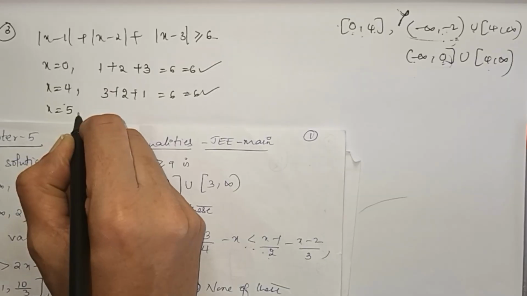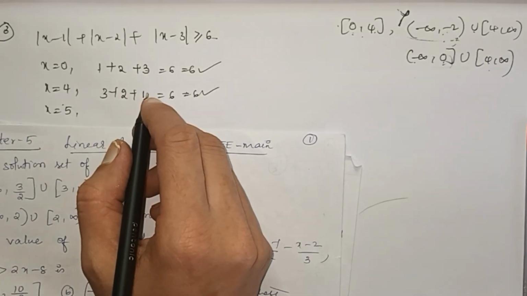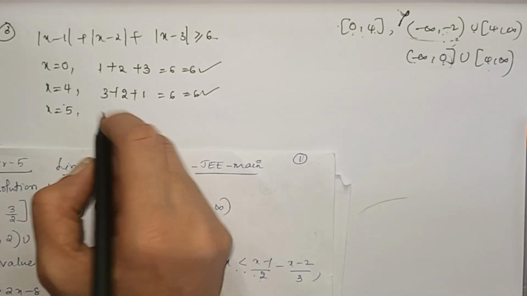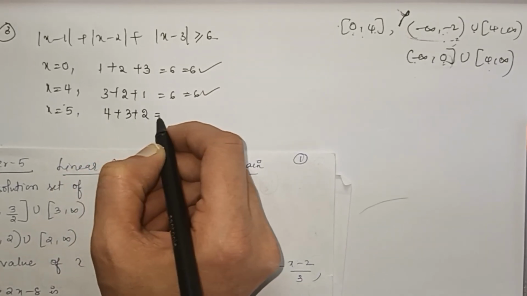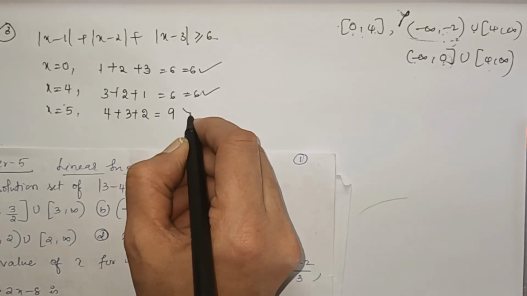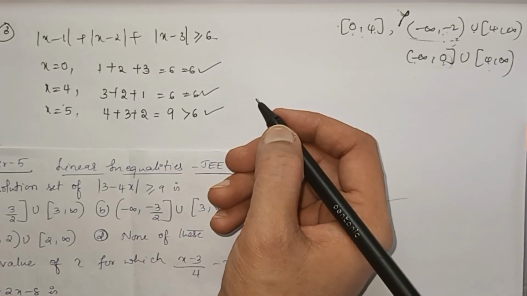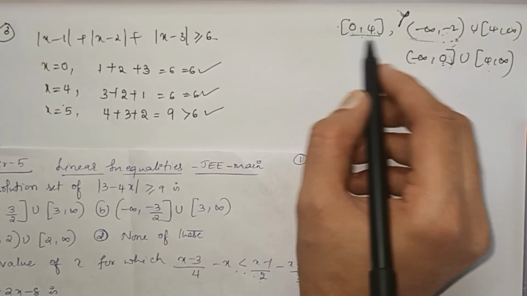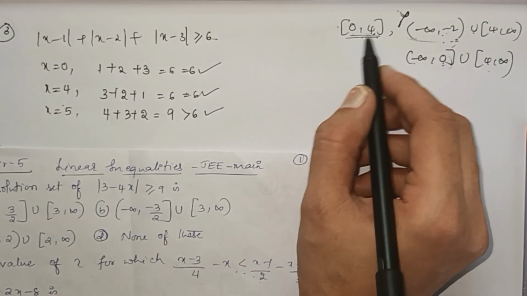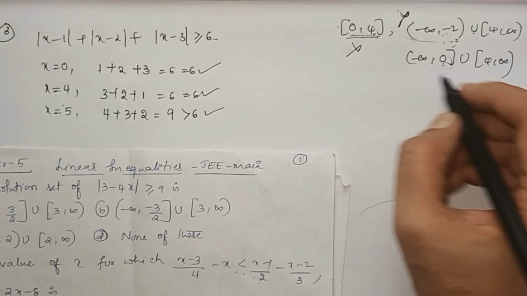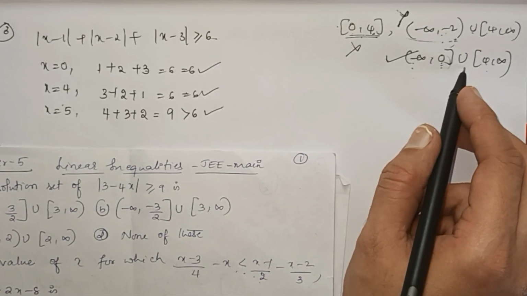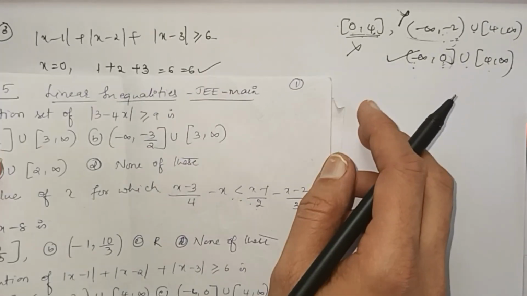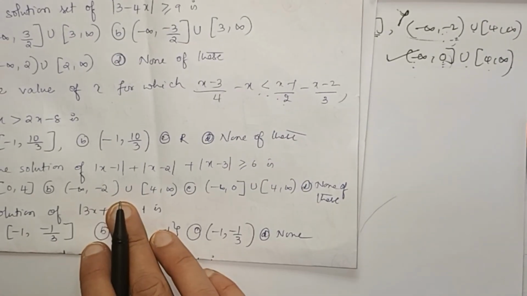Is it a solution? 5 minus 1 is 4, plus 3 plus 2, which is equal to 9, which is greater than 6. Yes, this is also a solution. Therefore, 0 to 4 includes only up to 4, so this can't be the solution. Hence, the solution set is this: minus infinity to 0, union 4 to infinity. The second option is the answer.